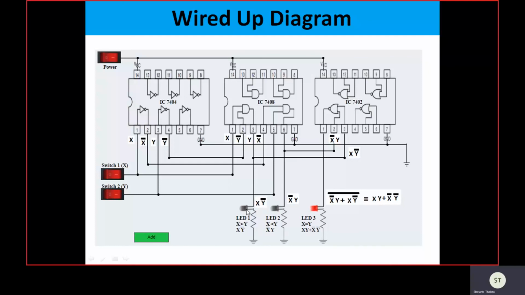This LED 1, if it glows, means X is greater than Y. If this LED glows, it means X is less than Y, and if this LED glows, it means X is equal to Y. So at this moment this LED is glowing, which means X is equal to Y.